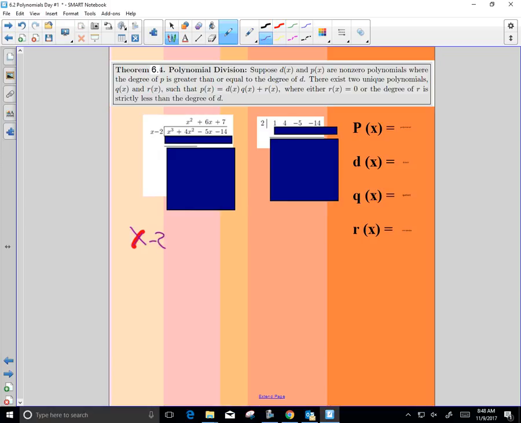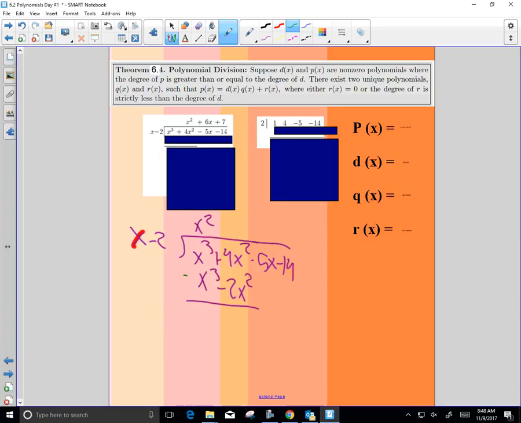X minus 2 goes into x cubed plus 4x squared minus 5x minus 14. Okay? You go x times x squared to get x cubed minus 2x squared.